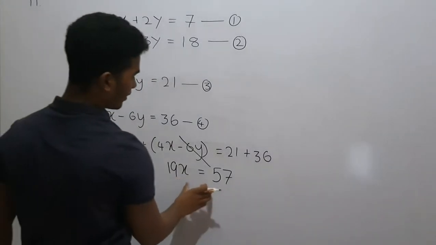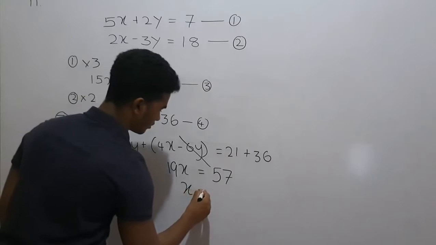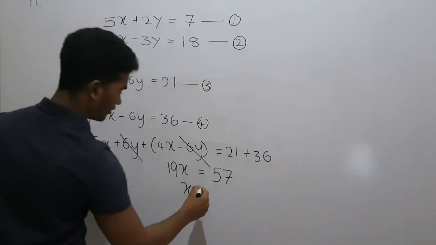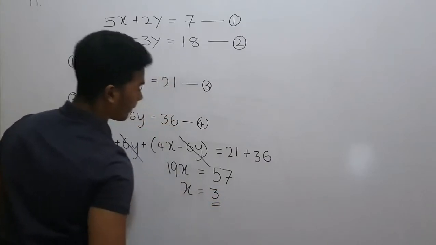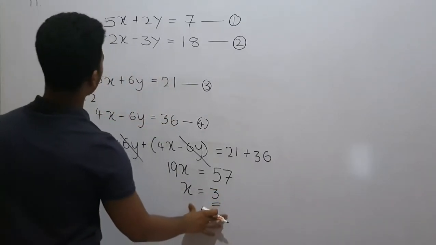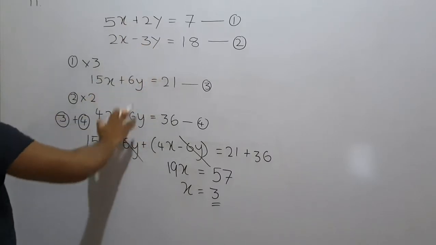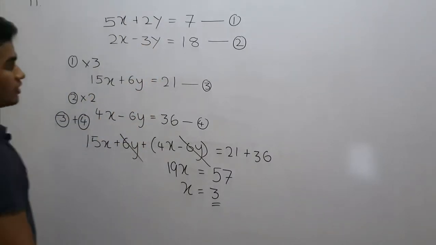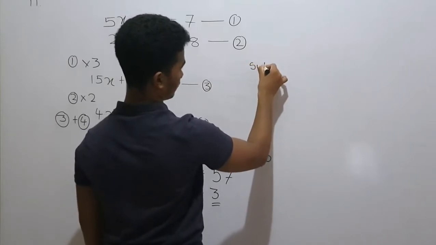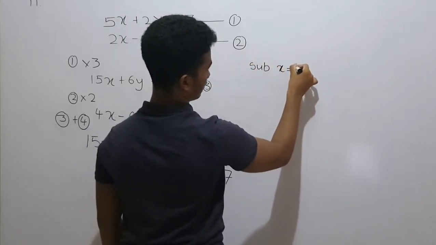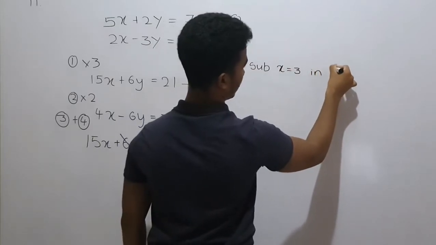So divide both sides by 19 and you will be getting x as 3. Now we can substitute x equals 3 in any one of these equations and get the value of y. I'll substitute x equals 3 in equation 1.